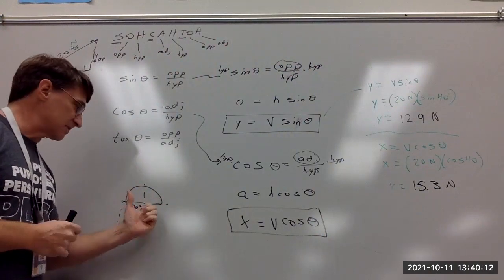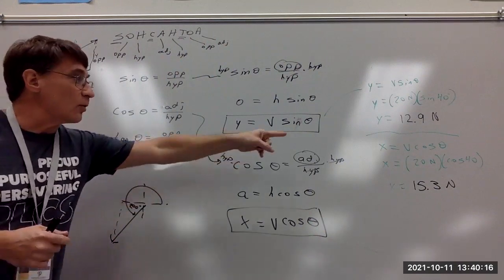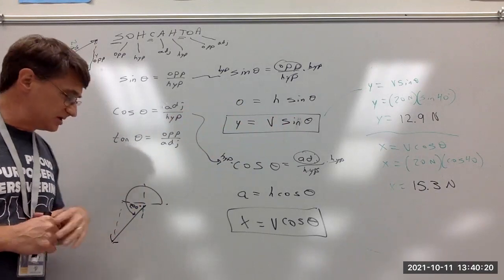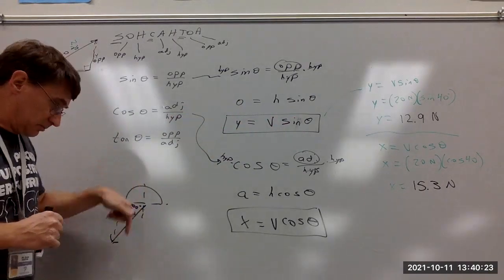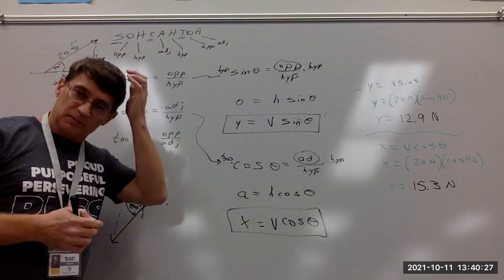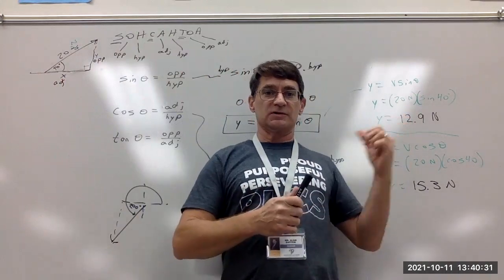It'll give you a negative sign because in this case the x is pointing left or negative. When you do that with the y, when you plug in v sine theta, if theta was 200 degrees, you get a negative y, meaning the y component is pointing down. So this vector is pointing left and down. So trig is kind of a nice thing once you figure out your basic equations.